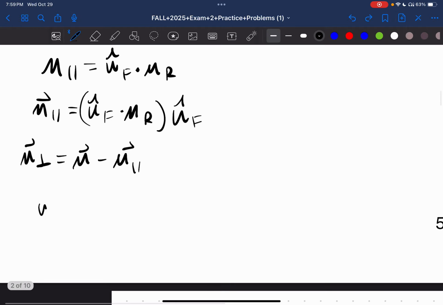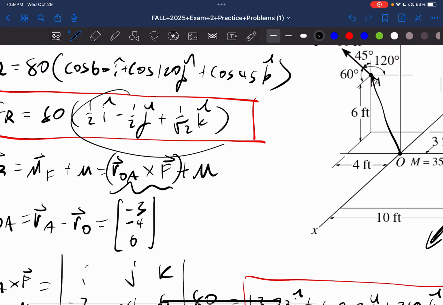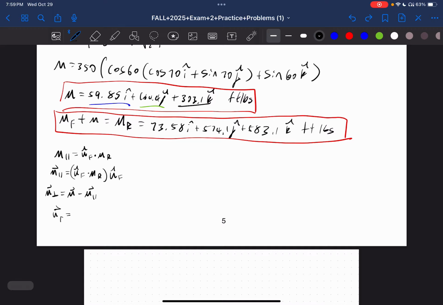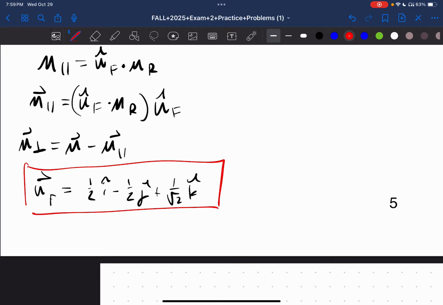And the unit vector of F is going to be equal to 1/2 i minus 1/2 j plus 1 over square root of 2 k. This is the direction cosines, basically, where it is.